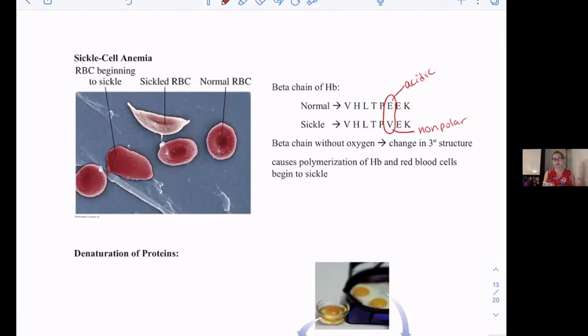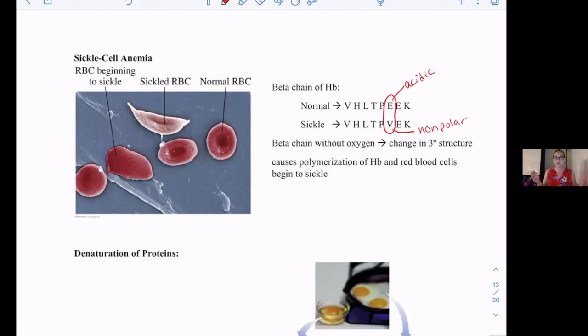And so the beta chain without oxygen, when your hemoglobin doesn't have oxygen in it, because it has a nonpolar amino acid there instead of an acidic amino acid, when there's no oxygen there to help it hold its shape, it changes its tertiary structure.